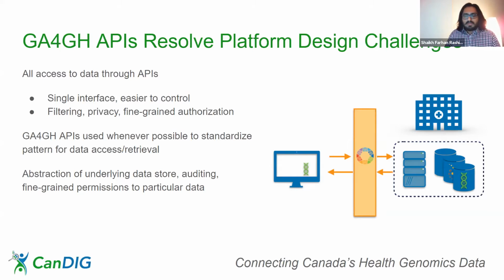And furthermore, using these GA4GH APIs gave us the benefit of being able to abstract away the underlying data store, and moreover, the systems that these APIs had to interact with, providing a standard layer in which other downstream applications or clients could communicate to them without having to modify the connectivity between those individual systems.